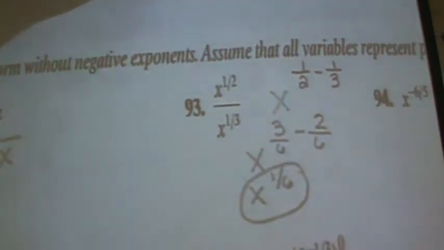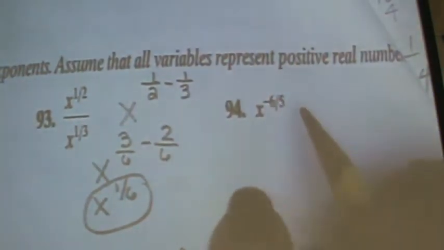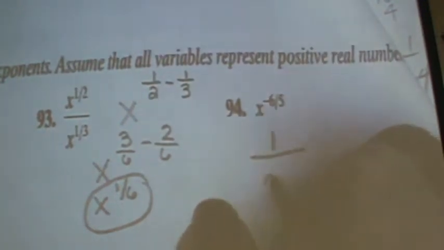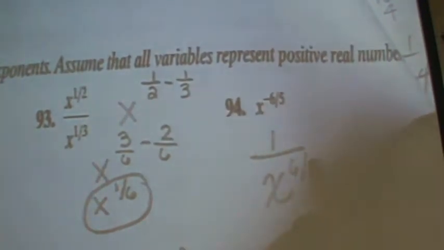So multiply this by 3 and this by 2. So it's x to the 1/6. That would be your answer. Next one, it says write this in exponential form without negative exponents. This would be 1 over x to the 6/5.